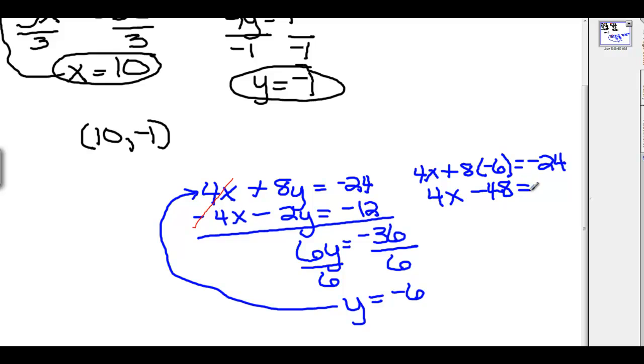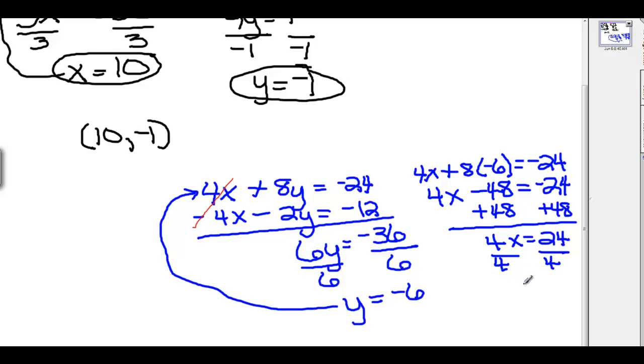A positive times a negative is a negative, so that's -48 equals -24. Then I'm going to add 48 to both sides. And that gives me 4x equals 24. Divide by 4, divide by 4, and x equals a +6.